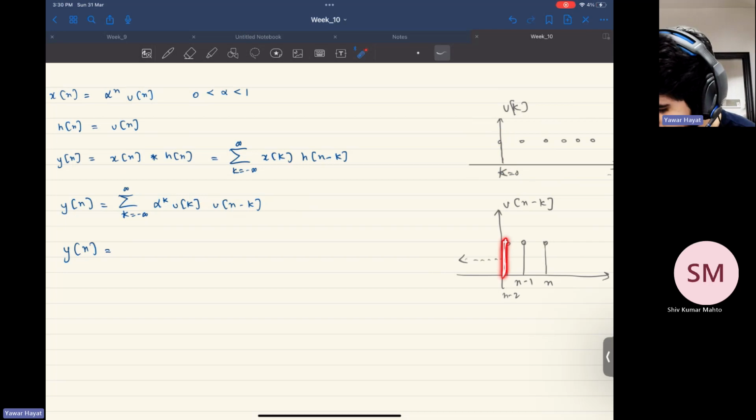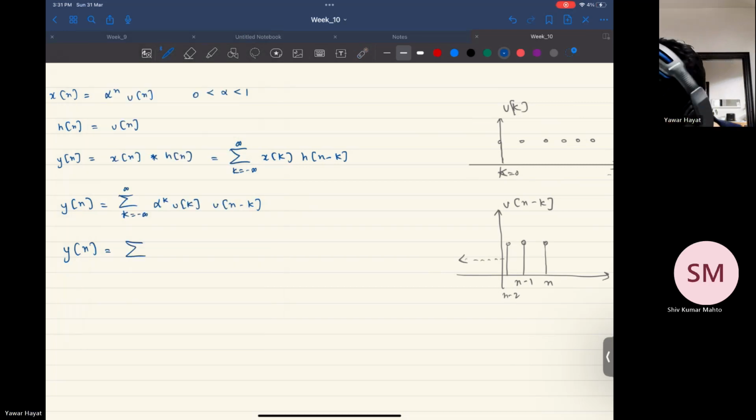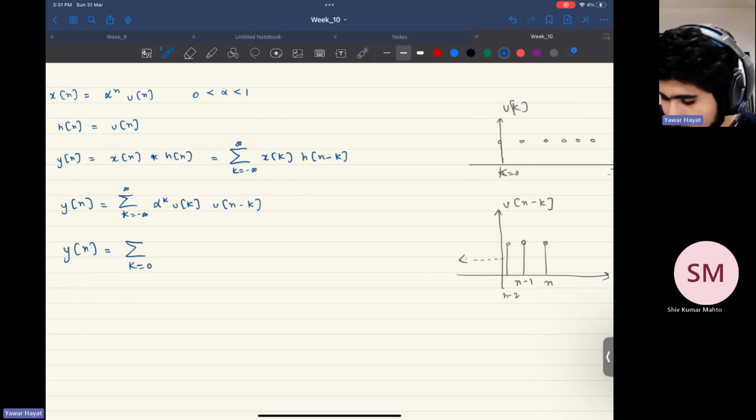So it would start from k equal to 0 and go all the way to n, because u of n minus k is 0 beyond k equal to n. That is why the limits of this summation would change to k equal to 0 to k equal to n.